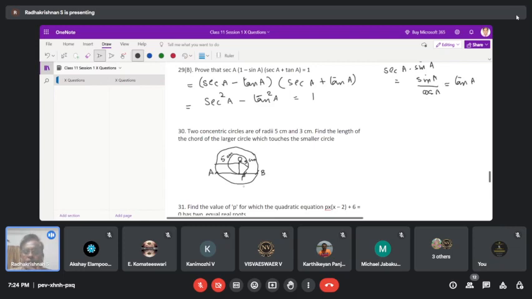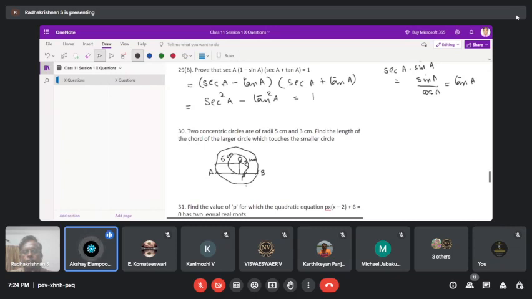So how to determine the length of AB? Sir, can I? Yeah, tell me. We know that the tangent at the touching point of the circle is always perpendicular to the radius. So we take 3 to be the adjacent side and 5 to be the hypotenuse, and opposite square equals hypotenuse square minus adjacent square.